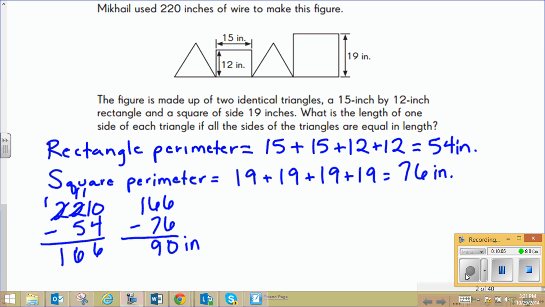So now we know that both triangles needed 90 inches of the wire in order to make them.